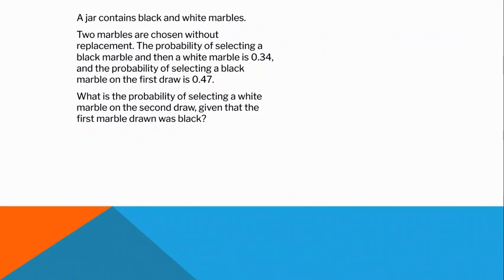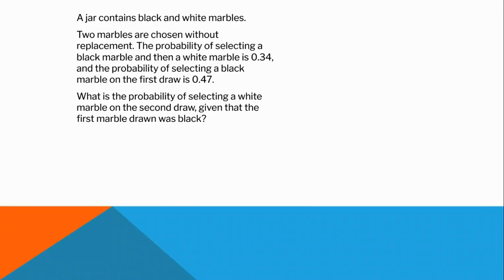A jar contains black and white marbles. 2 marbles are chosen without replacement. The probability of selecting a black marble and then a white marble is 0.34. And the probability of selecting a black marble on the first draw is 0.47. What's the probability of selecting a white marble on the second draw, given that the first marble drawn was black? So there's your given that.